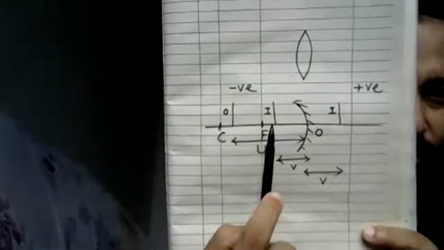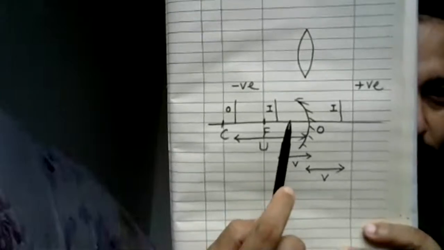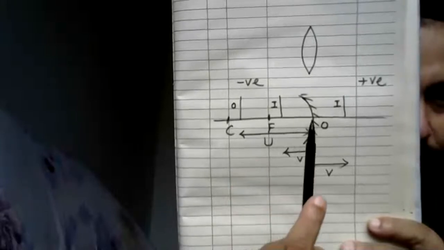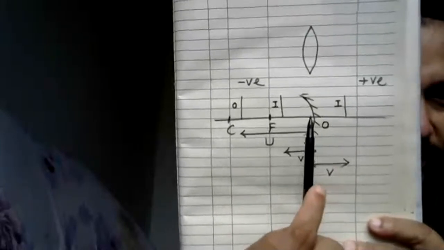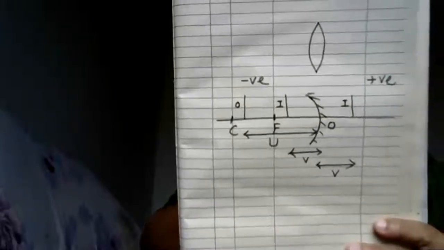So what I told you: if the image is in front of the mirror, then the image distance is negative. If the image is behind the mirror, then this is the image distance, and it is positive.